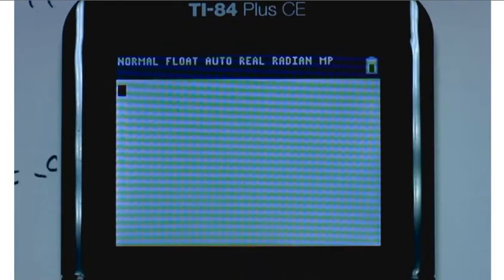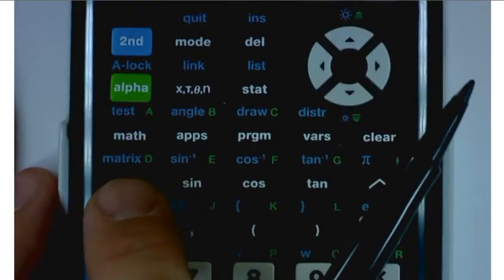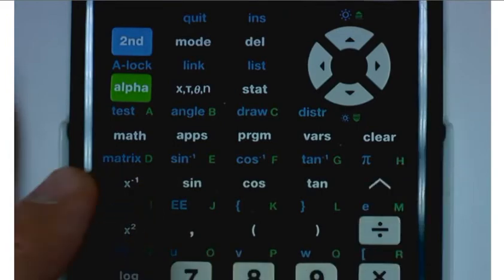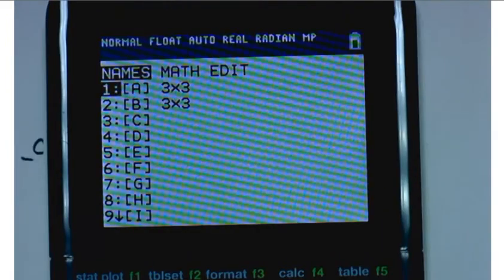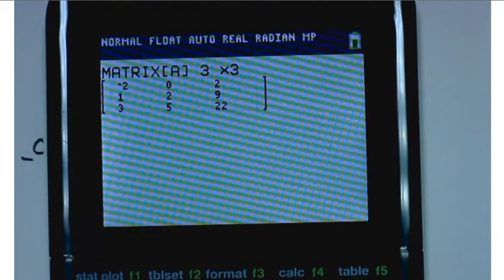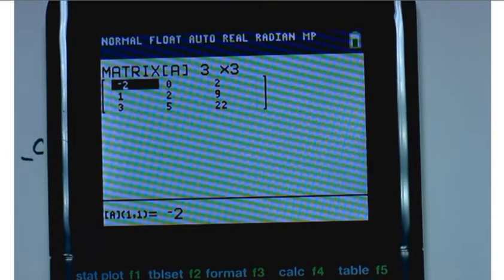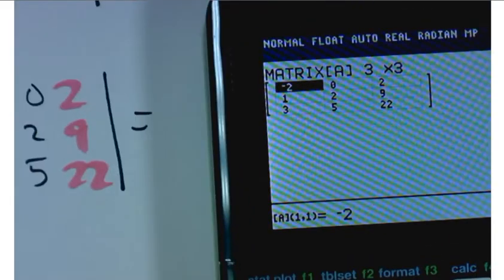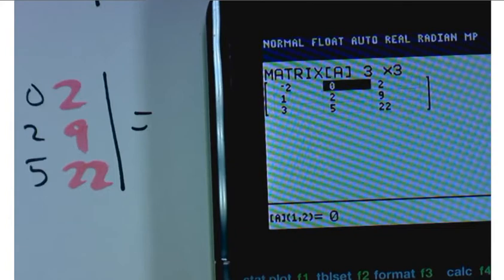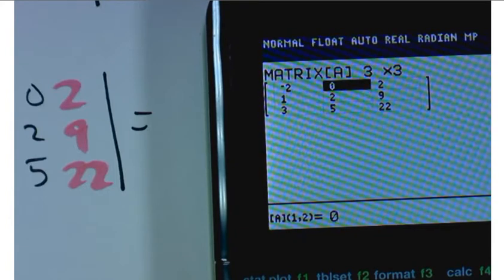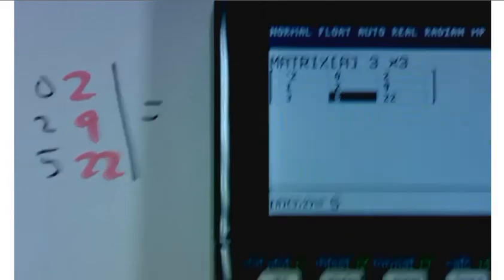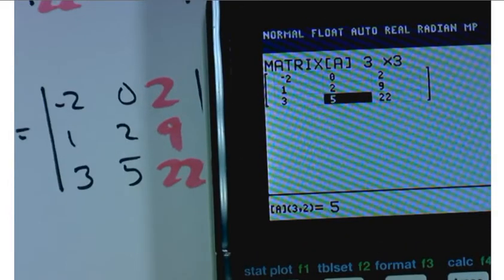Matrix. So hit the second key, then the matrix key, which is above the X inverse key, right there. Let's go over to edit. We want a 3x3, and we'll type in these numbers: -2, 0, 2, 1, 2, 9, 3, 5, 22.